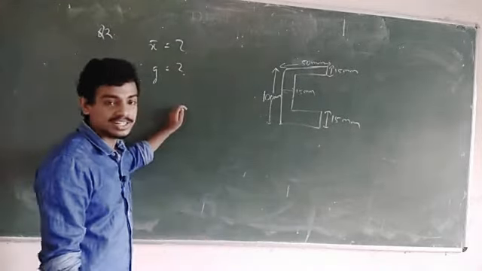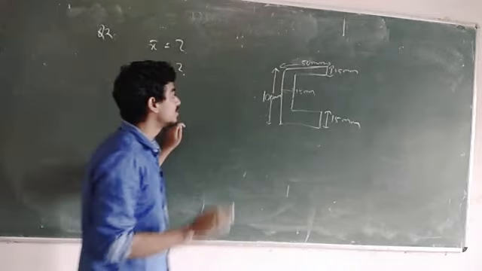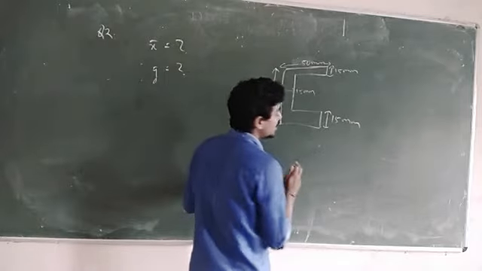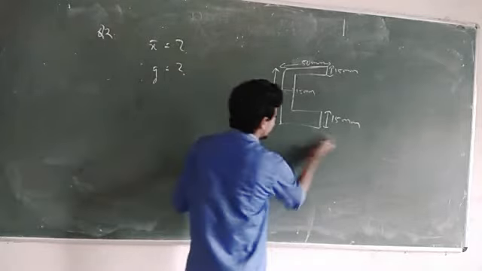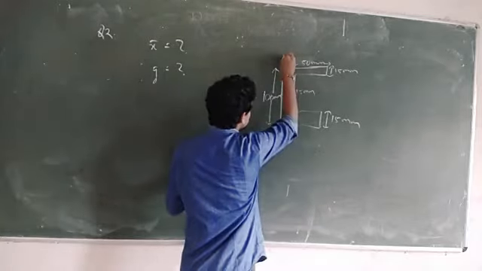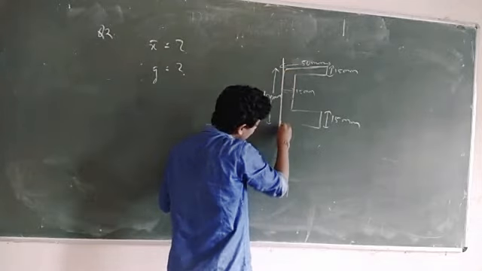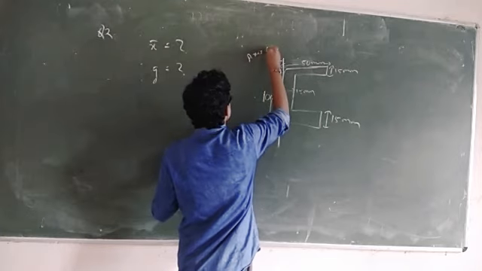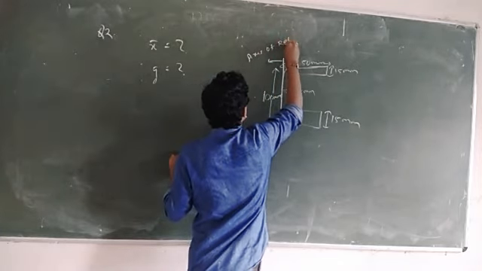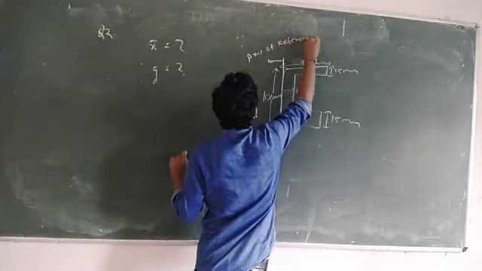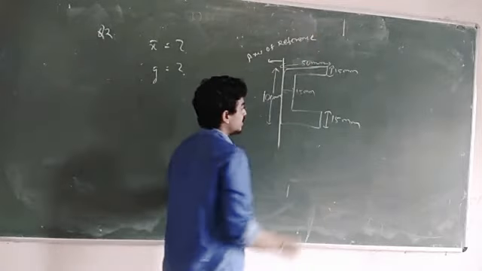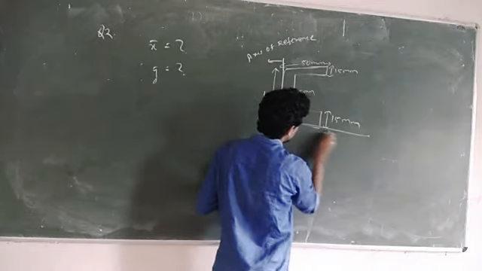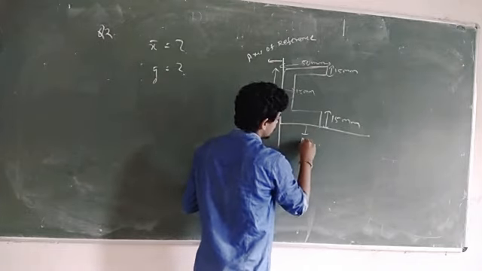So now you have to calculate your centroidal distance. Before calculating anything, I already told you that you have to set one axis of reference. Generally we take it at the last line. In the x direction, this will be the last line. So suppose I take this line as our axis of reference.